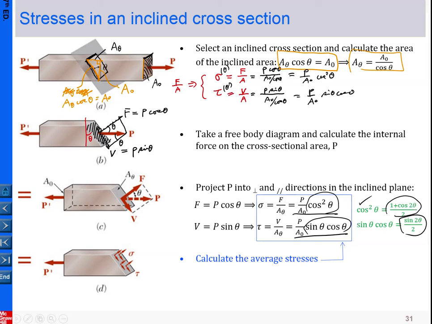With this in mind, we should be able to determine the maximum value of sigma in terms of theta. So sigma is a function of theta, and we want to determine the maximum value, corresponding to theta star equal to how much, and what this value is. The same thing for shear stress. The next page.